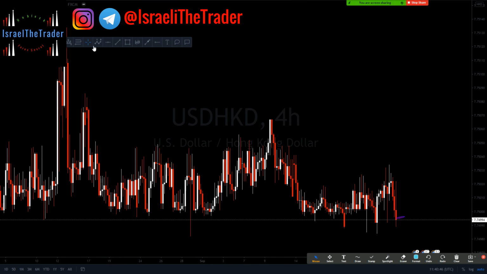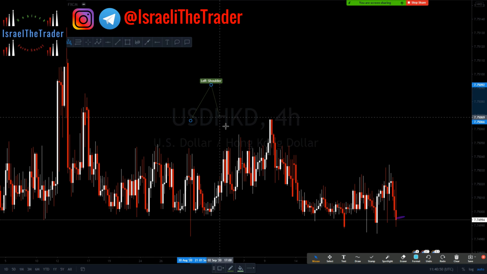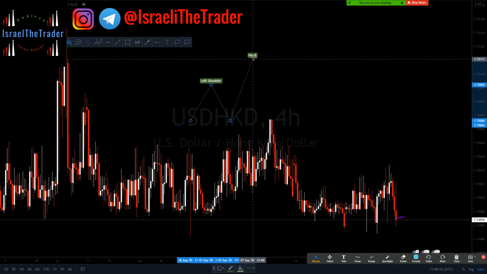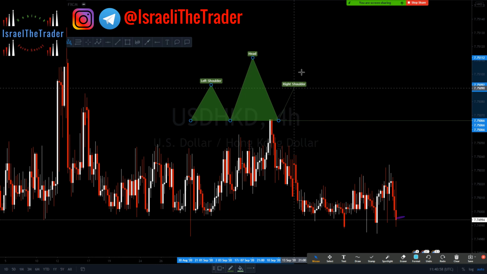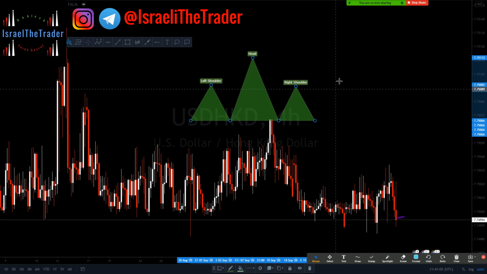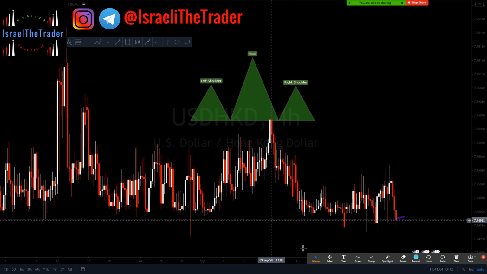The next one that we have right here is what I call the head and shoulders pattern. As you usually know, so far as you're a forex trader, average or intermediate, you don't have to be a professional to know the head and shoulders pattern, right? This is the common term that they teach you whenever you try to trade forex.